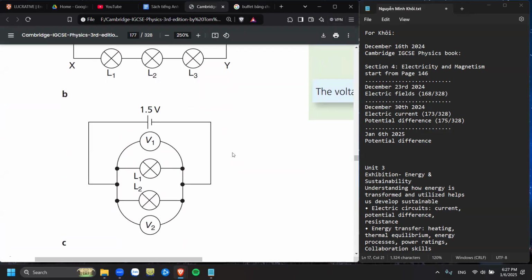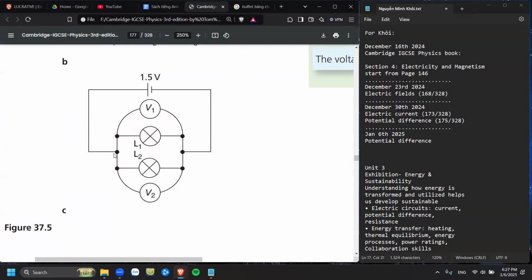All right. If you have something like this, what do you make of it? It looks like the whole thing, it goes through the whole thing and then it goes out. Like it's 1.5 volt, and then it goes through here, splits up into two, right?